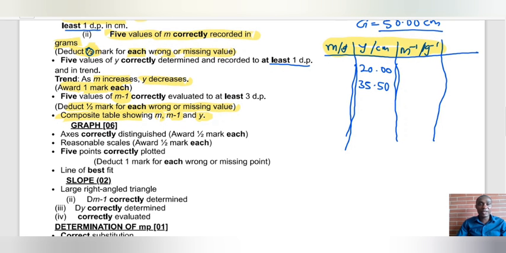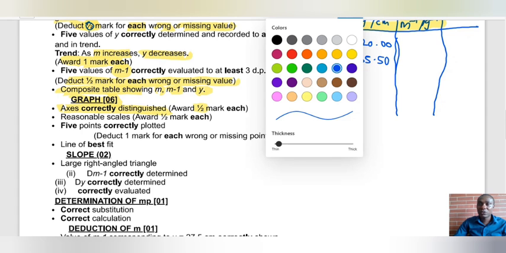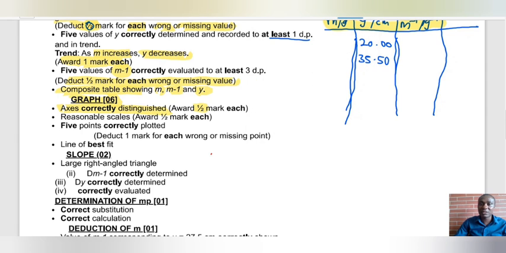Okay. Next is the graph. So for the graph, you'll be awarded 6 marks. So axes correctly distinguished, award half mark for each axis. So when we talk about axes, we're talking about the X and Y axes.